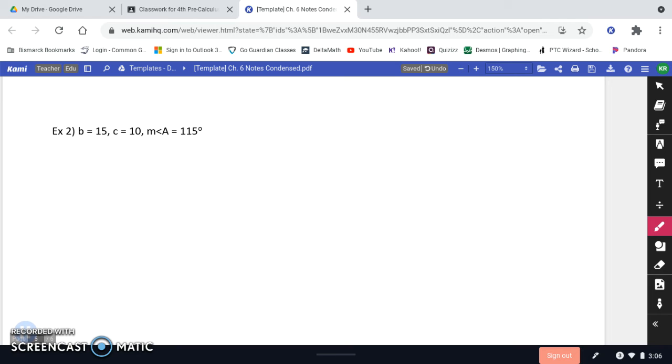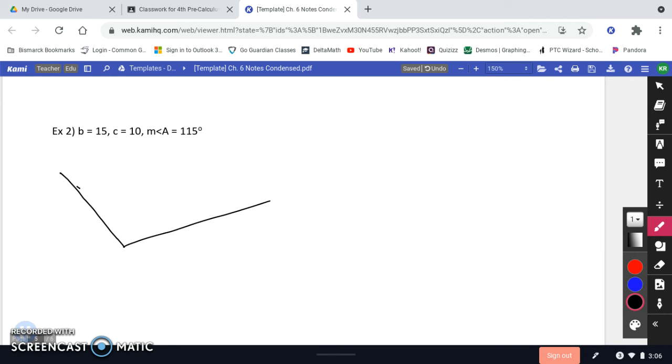Okay, this next example is a side, angle, side example. So I'm going to kind of estimate, let's try that again. So angle A, I'll call this angle A 115 degrees.